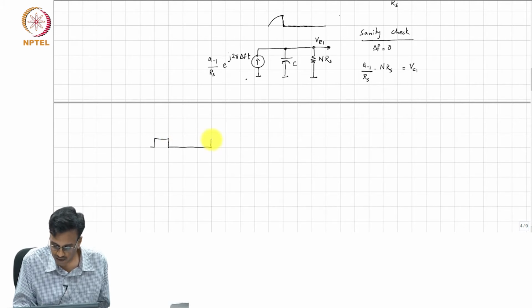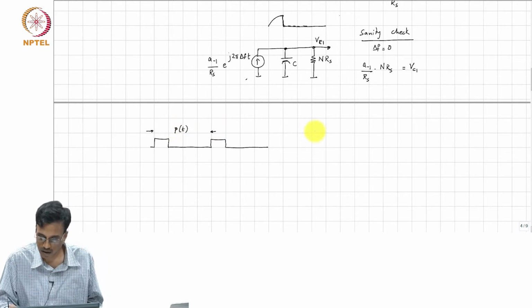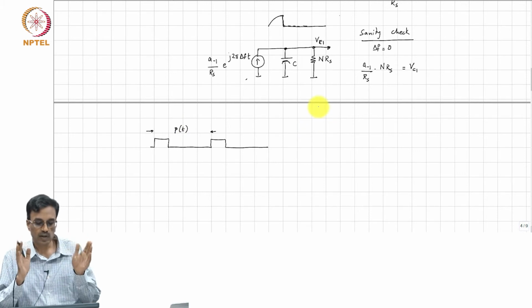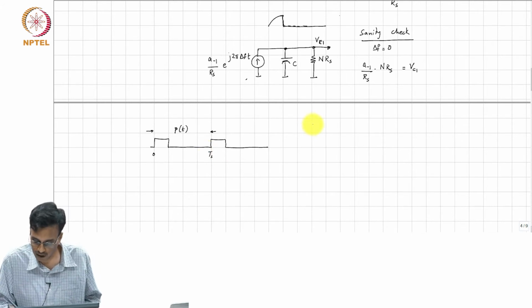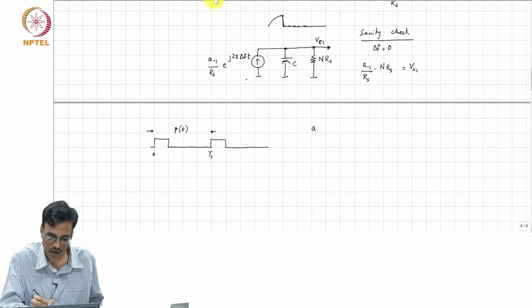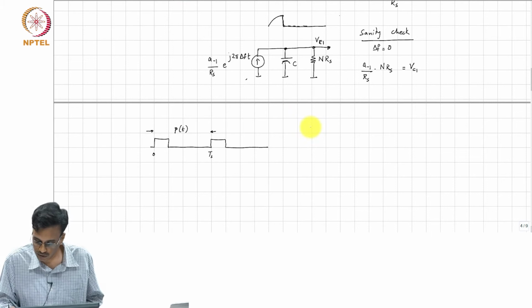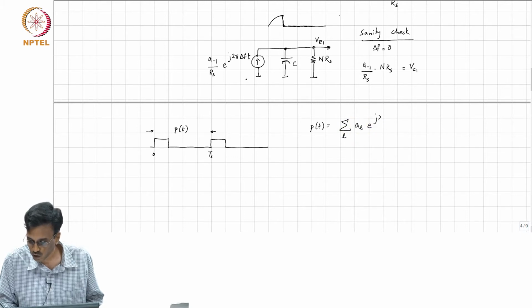Remember, if you have a periodic waveform, let us call it P of t, the waveform within one period, then P of t is simply the sum over L of A sub L e to the j 2 pi L fs times t.